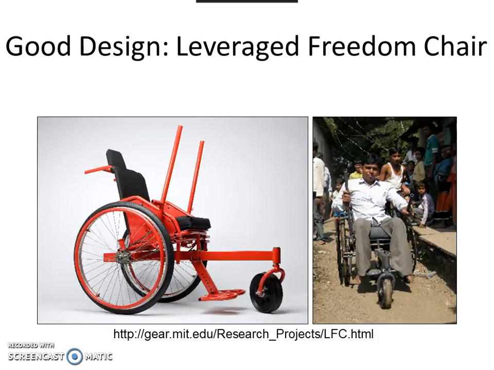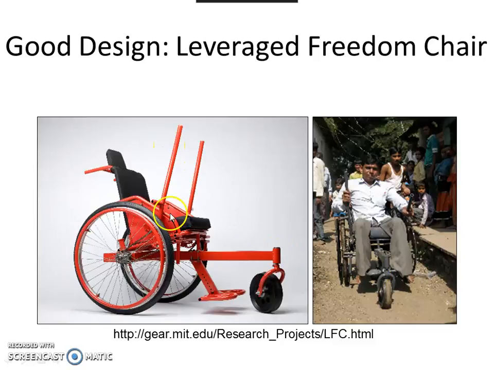Here, by contrast, is an example of good design. This is by a colleague of mine, Dr. Amos Winter. He and I went to MIT together. This is the Leveraged Freedom Chair. It's essentially a wheelchair that's designed for use in developing countries where there isn't a developed paved road infrastructure. And what's neat about this is it actually uses these long handles essentially as levers.